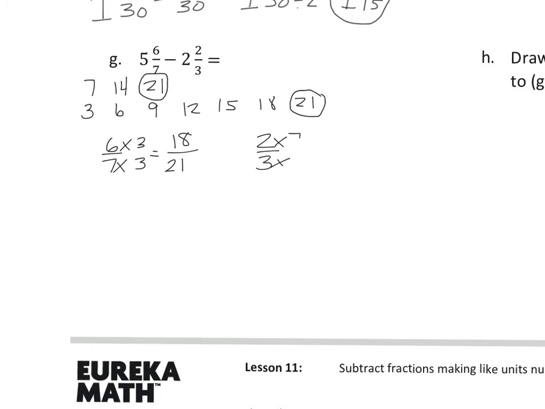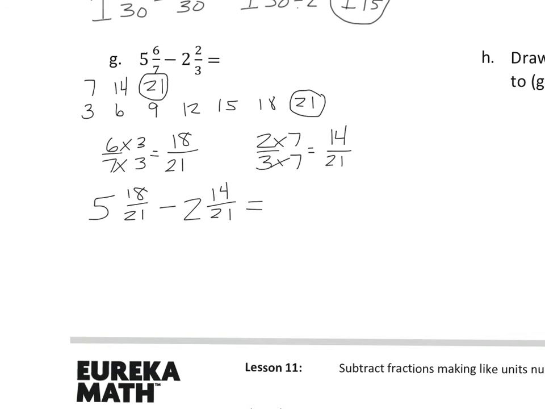We're going to multiply that by 7, and that will give me a new fraction of 14/21. So now using our fractions that have like units, we're going to add them to the whole numbers, and then we're going to subtract. So we have 5 and 18/21. Take away 2 and 14/21.